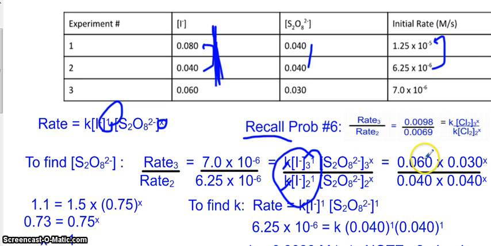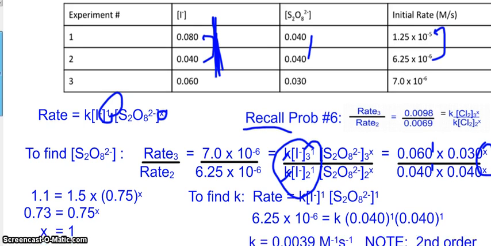So here is the concentration of the iodine and the concentration of the S2O8 -2 at experiment 3. And here is the concentration of iodine in experiment 2 and the concentration of S2O8 -2 in experiment number 2. Notice I had to raise them to the x power because I don't know what they are. These are just raised to the first, which is the same number.